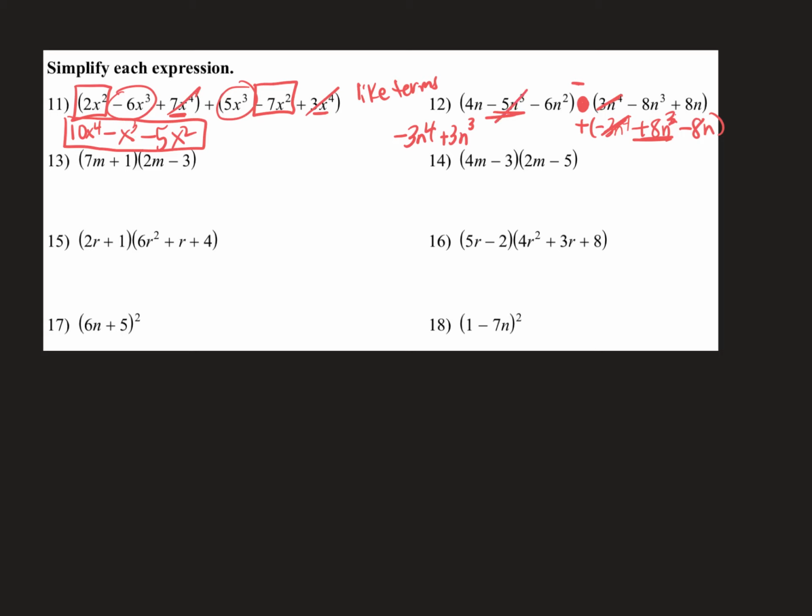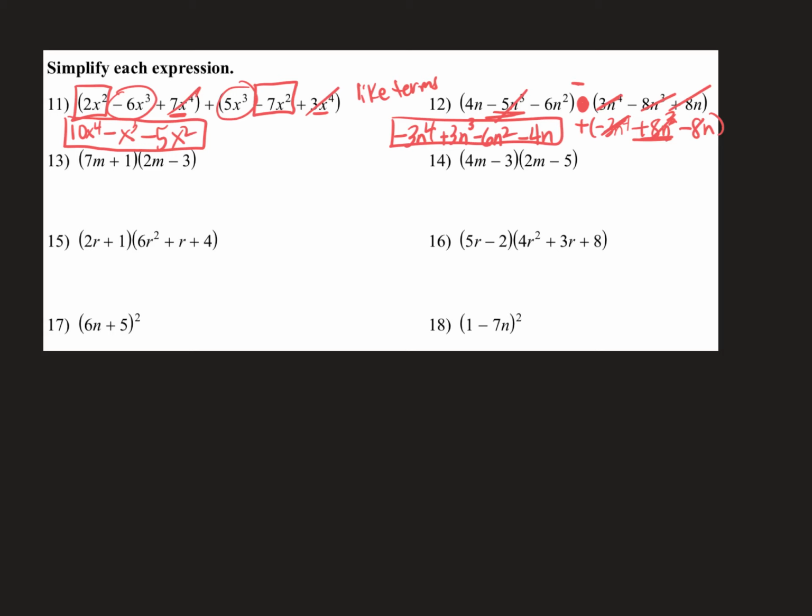Okay, so those are gone. N to the second is next. And there's only one, so negative 6n to the second. And then n to the first. So 4n minus 8n is negative 4n. And that's my answer.